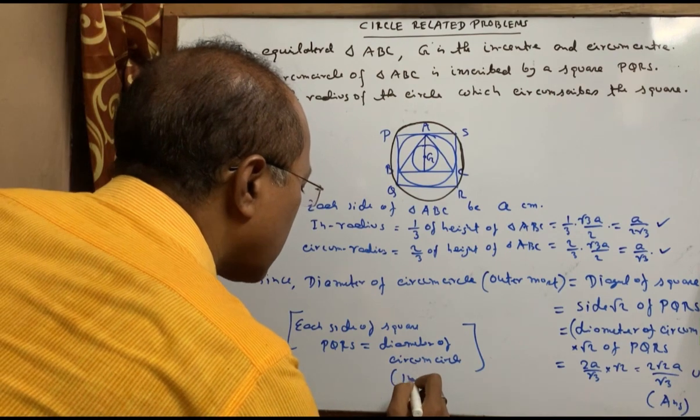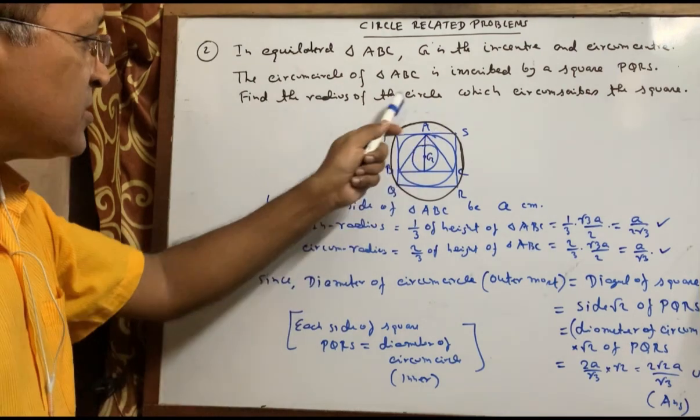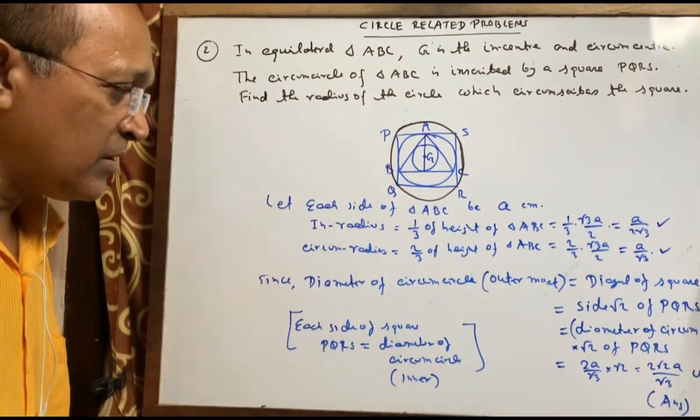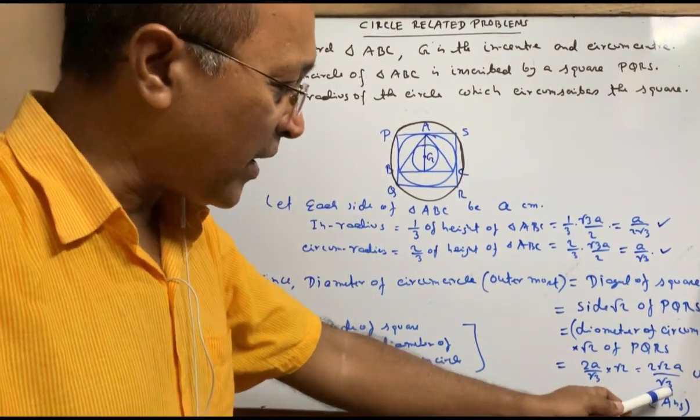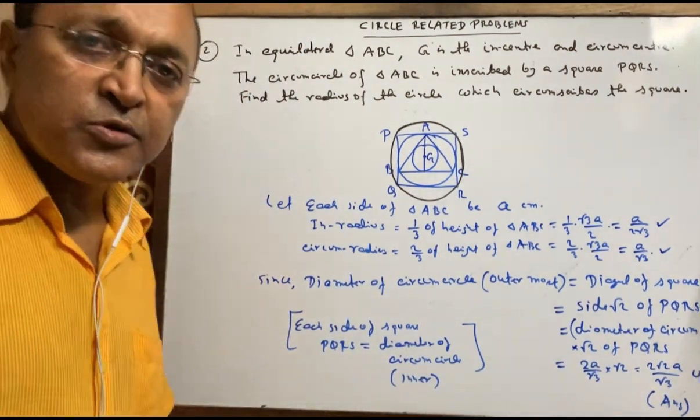Here it is inner circumcircle, because there are two circumcircles, one is outer and inner. Okay. So the answer here is 2 root 2a by root 3 unit. So try to understand.